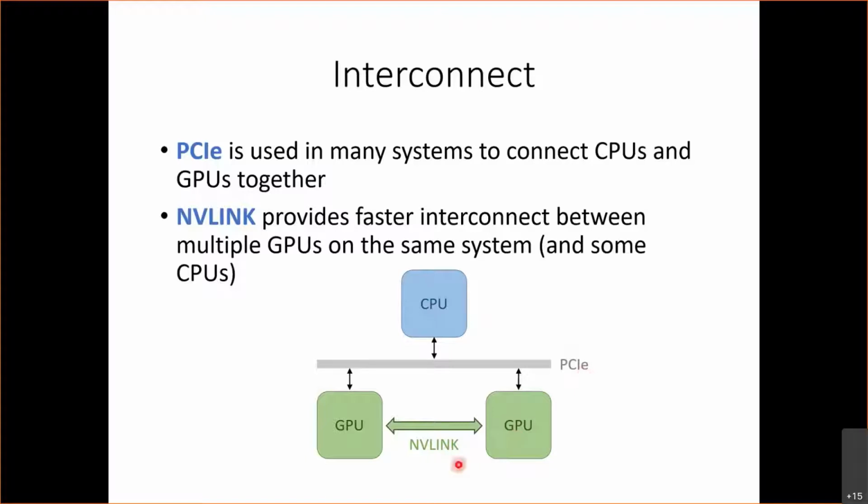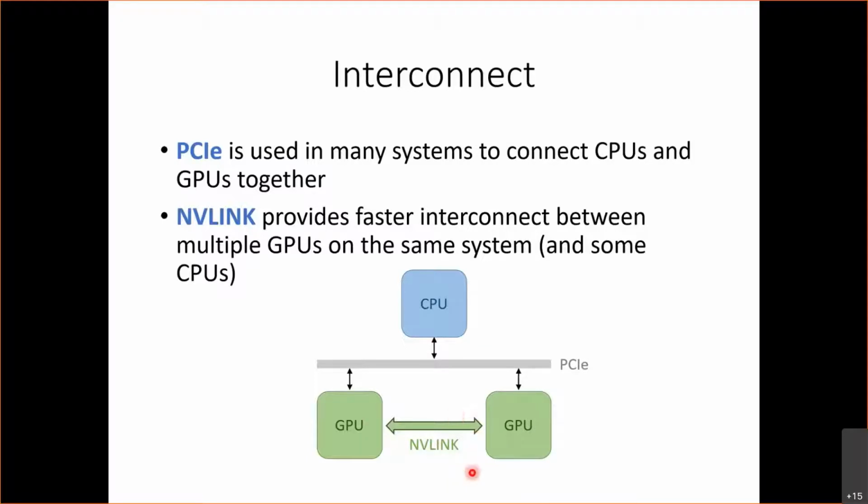However, with something like NVLink, only some CPUs support it, and only some GPUs, basically the later generations of NVIDIA GPUs, support NVLink. So PCIe is the general one. NVLink is more specific to later generations of NVIDIA GPUs, and is only supported by some CPUs.